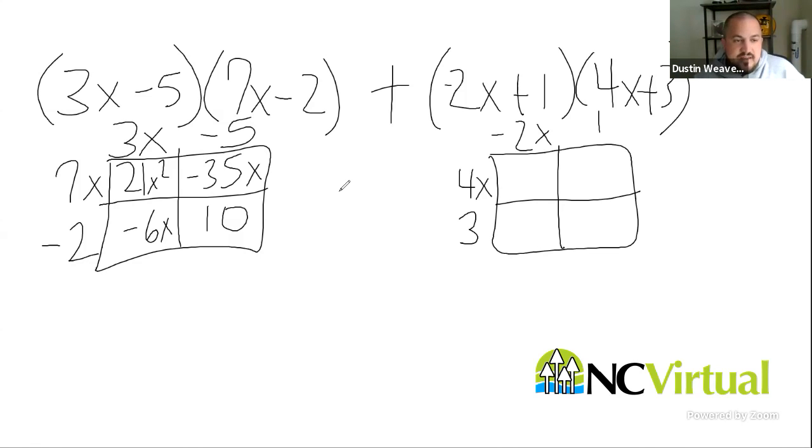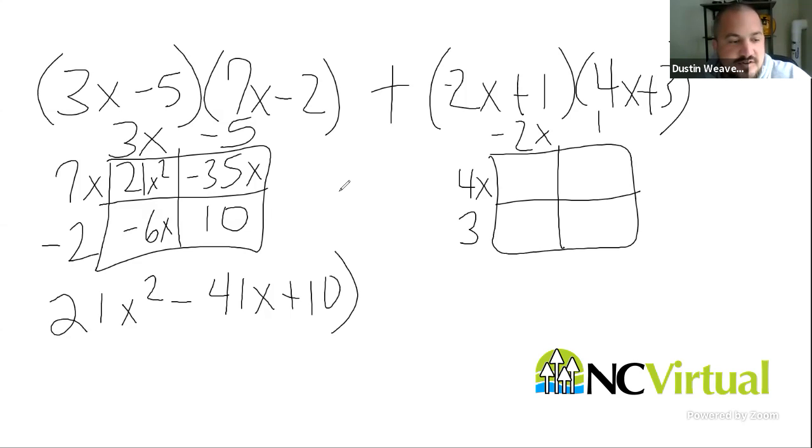The only thing we need to do is combine like terms. So we have 21x squared minus 41x, because we're combining the negative 35x and the negative 6x, and then plus 10. Okay, that's our first answer for the left part.